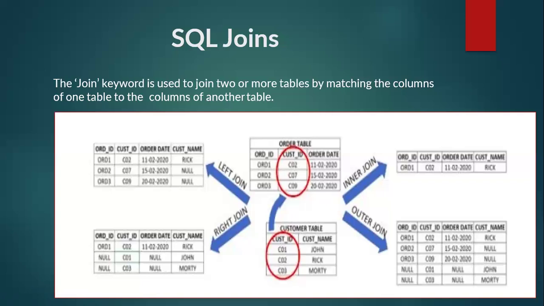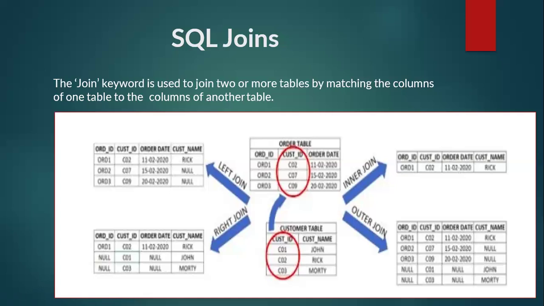Now, how will inner join work? Inner join will only return the matching record. You can see in the cust ID column, there is C02 in the upper table and also there is C02 in the lower table. Except this value, there is no matching value in both the columns, right?